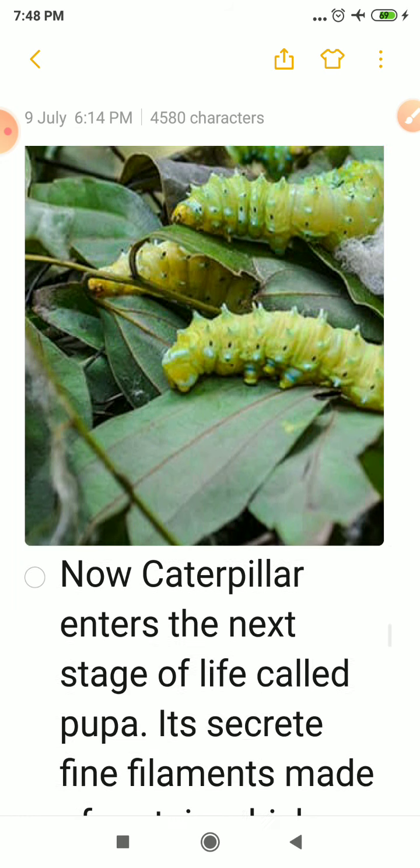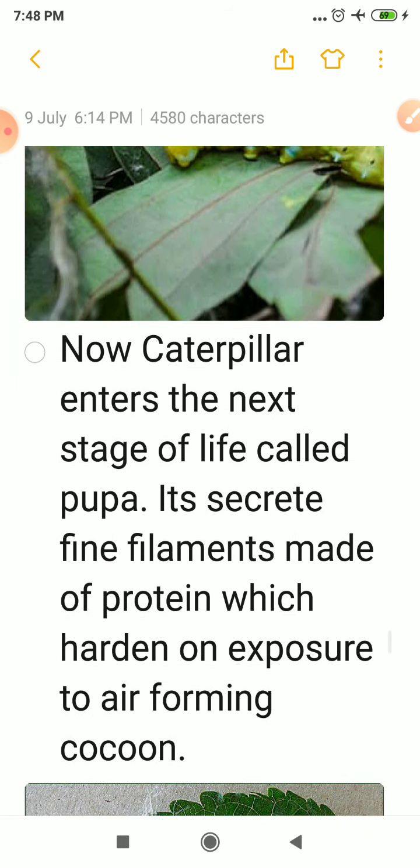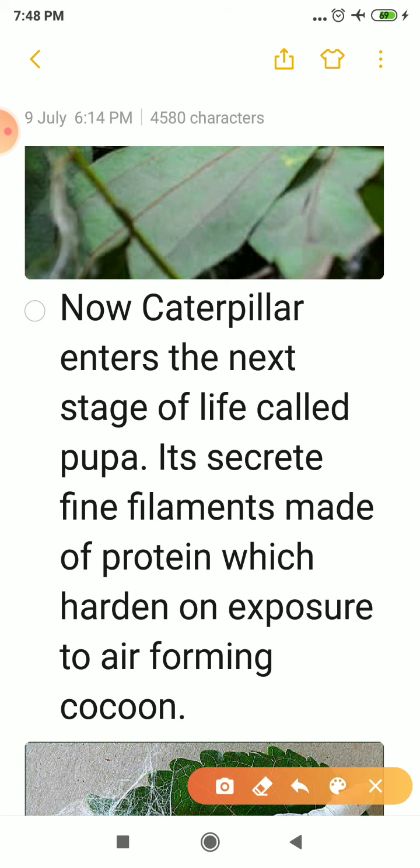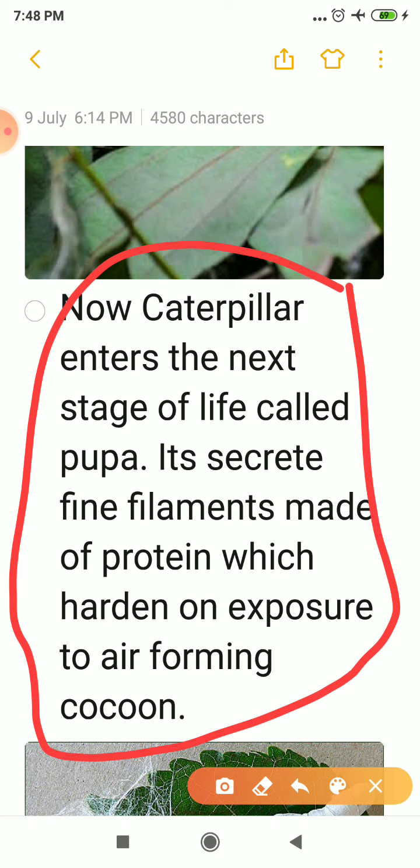In the next step, the caterpillar enters the next stage. This stage is called pupa.